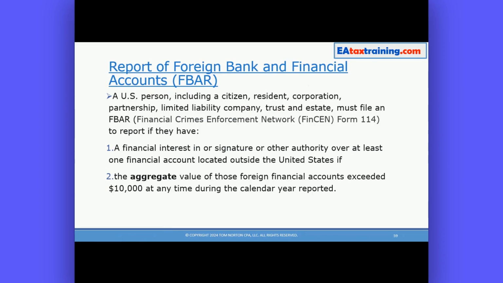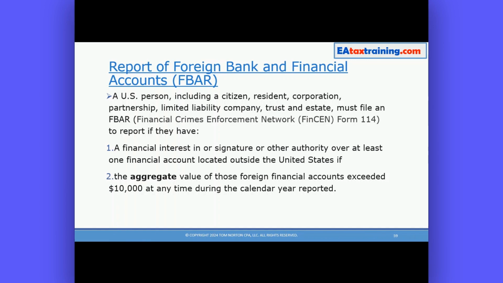And again, this could be in your personal name, but also in the name of your company or partnership or what have you. So if you have a financial interest in or signature or other authority over at least one financial account that's located outside the United States, and the aggregate value of all of those accounts exceeded $10,000 at any time during the calendar year, then you must file this FBAR.